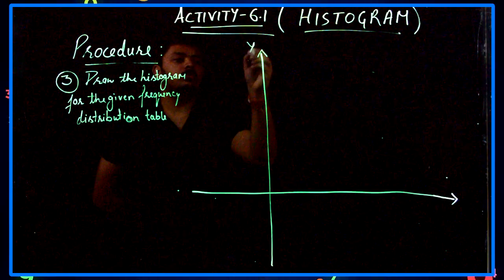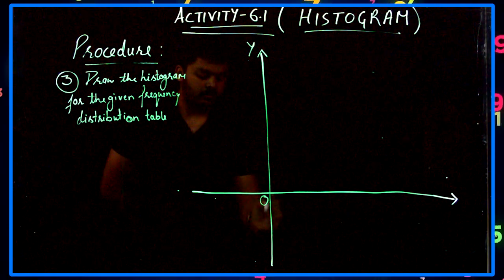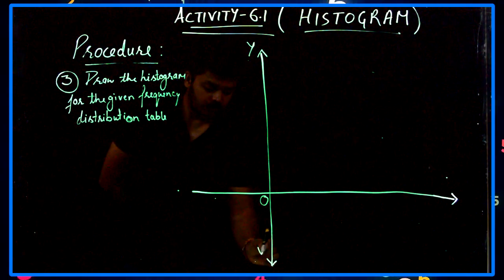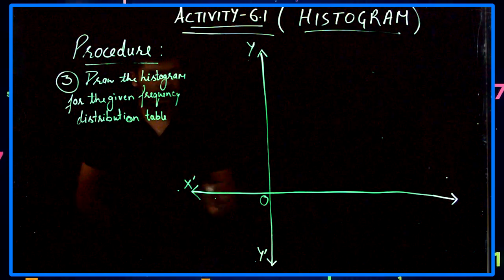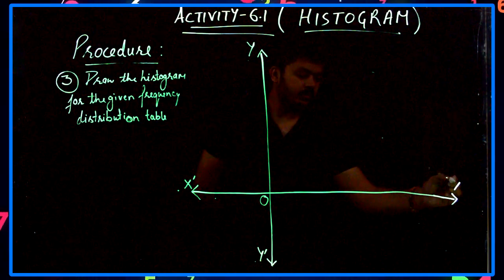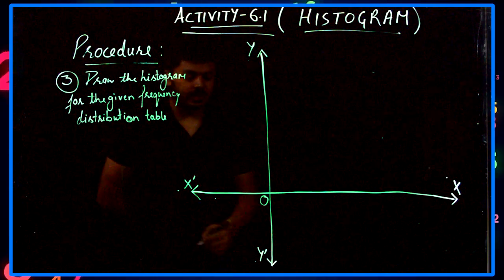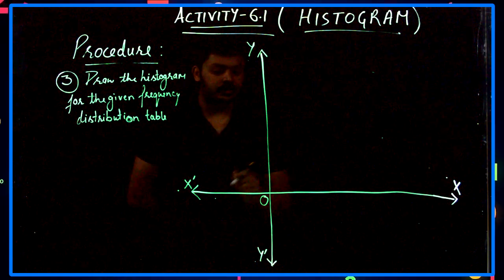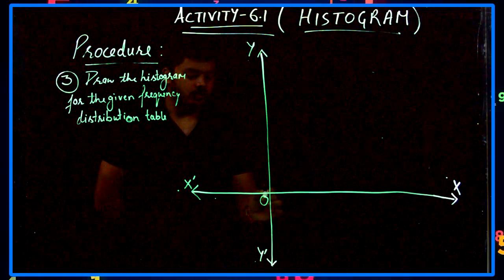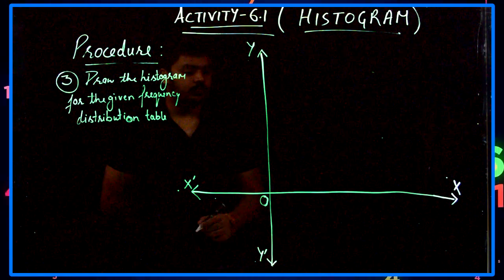So mark the two axes YOY dash and X dash OX. So this is the origin, where the two axes meet, where both the axes are 0.